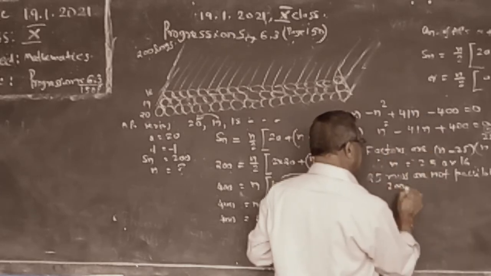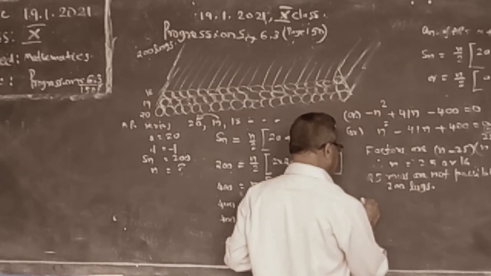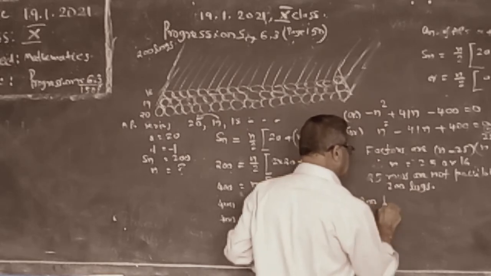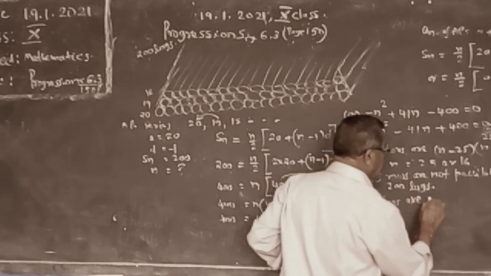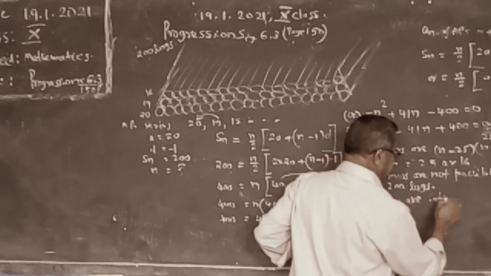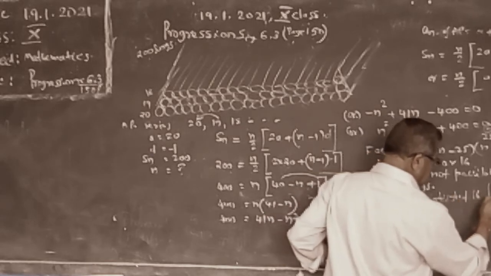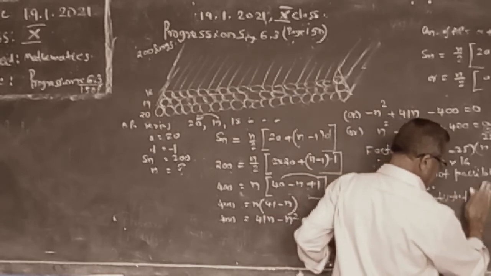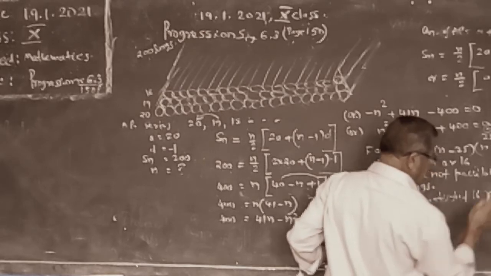For 200 logs, 16 rows satisfy it. So the number of rows is 16.